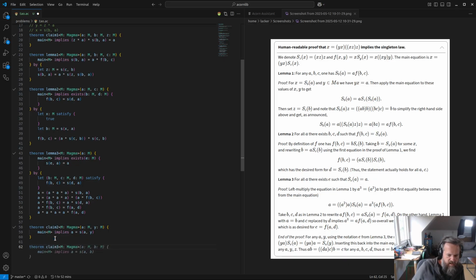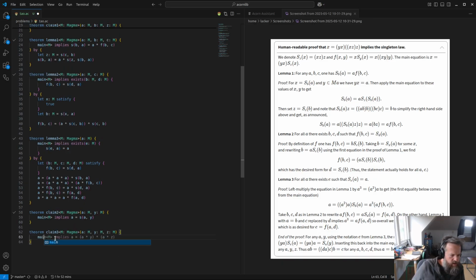What's the next claim in this proof? For any A, Y, Z, and M implies ZYA equals Y. Yeah, that sounds good. All right.